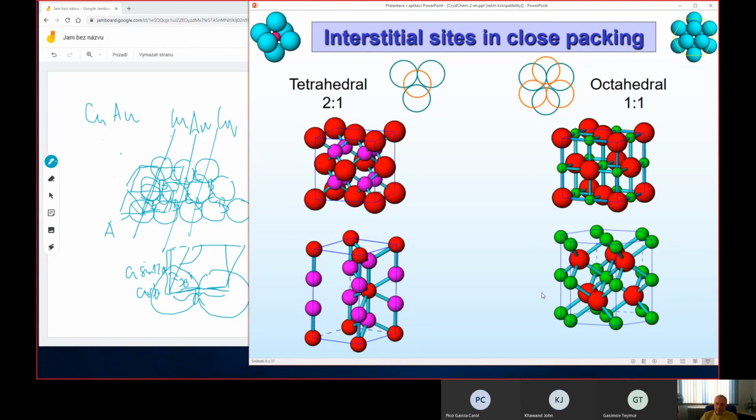And here for the octahedral sites, we have extended the unit cell to this hexagonal prism. In fact, only this and this atom contribute to the unit cell here. The others are in the neighboring unit cell, but there are 3 in one layer, let's say A, and 3 in the B layer.